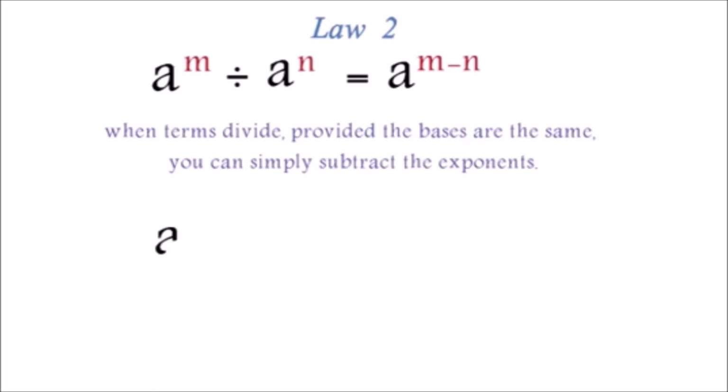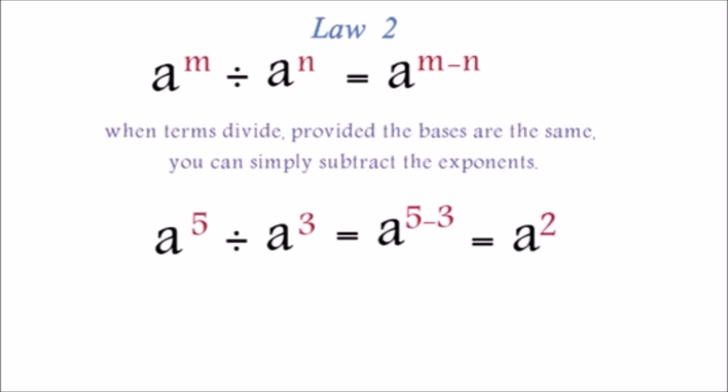Example: a exponent 5 divided by a exponent 3 equals a exponent 5 minus 3, which is equal to a squared. Here you'll see that we just subtracted the exponents.